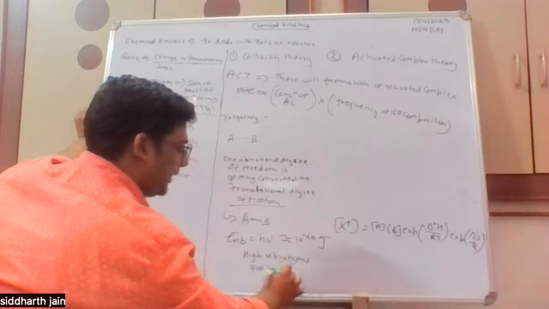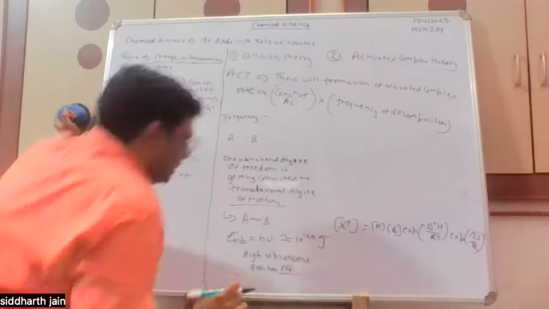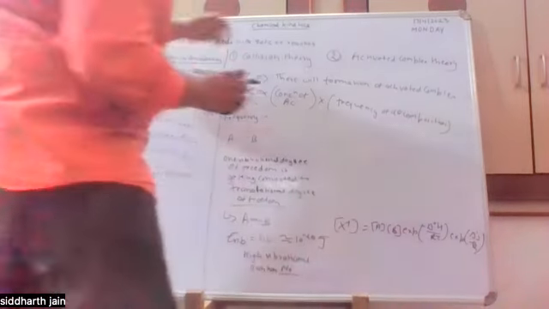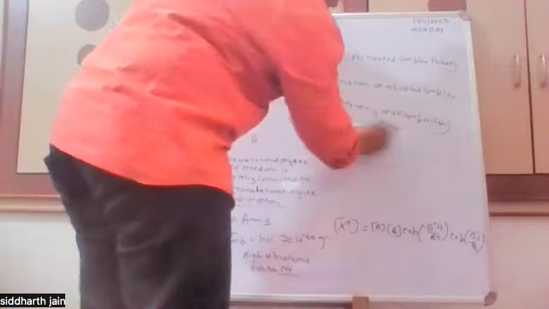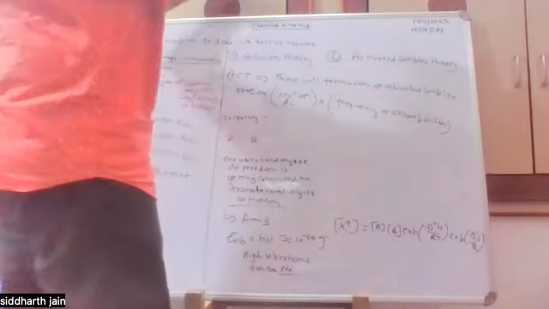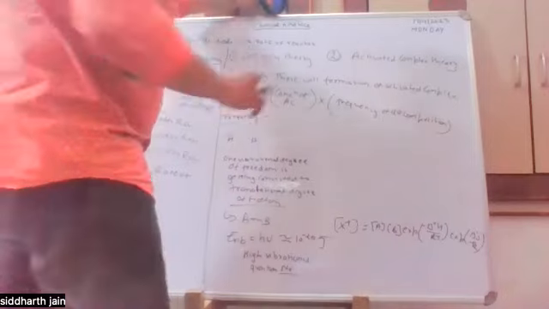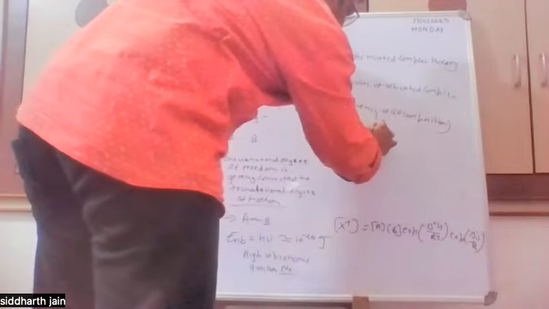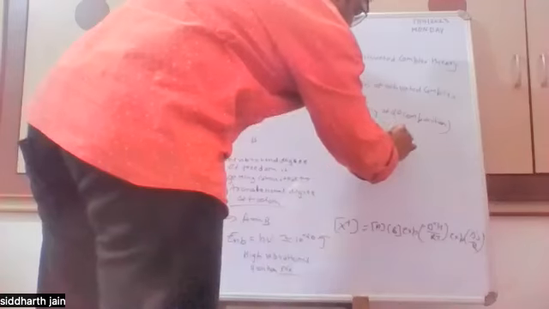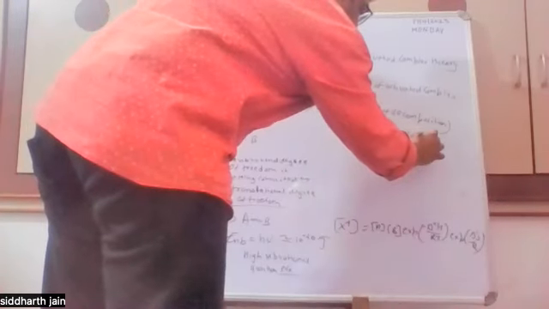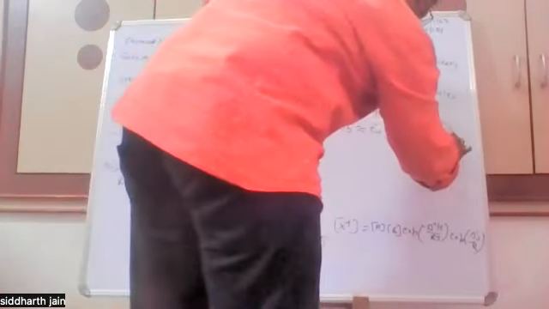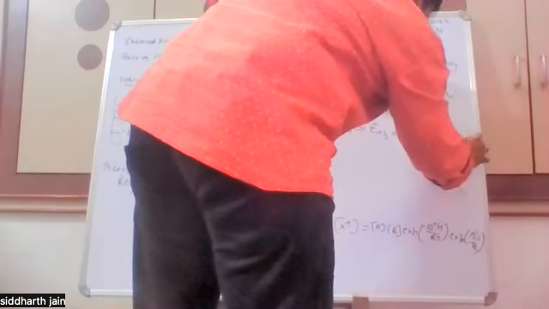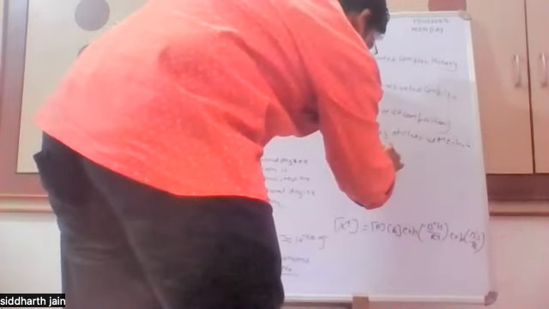For attaining that high vibrational quantum number, there will be a large disturbance in this molecule, and ultimately we can say that the vibrational energy E vibrational will be equal to the E vibrational of classical mechanics, that is equal to kT.